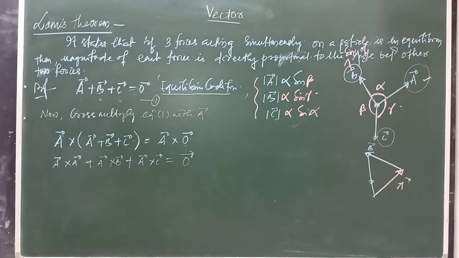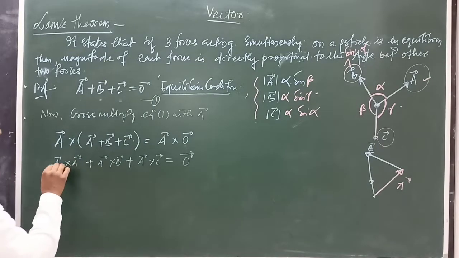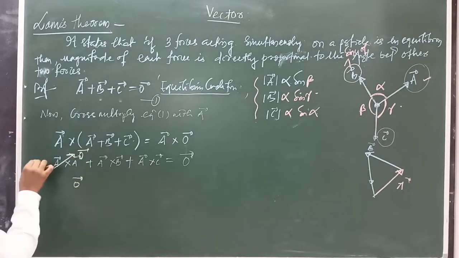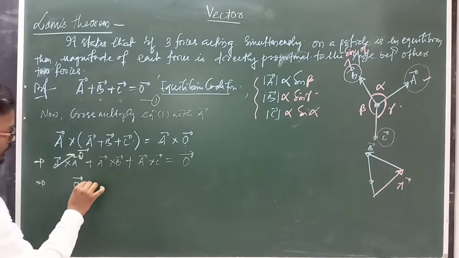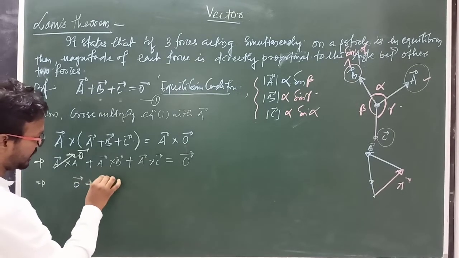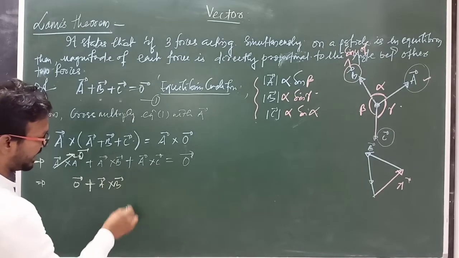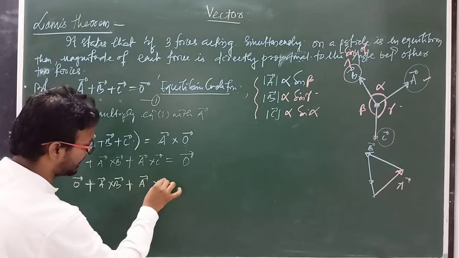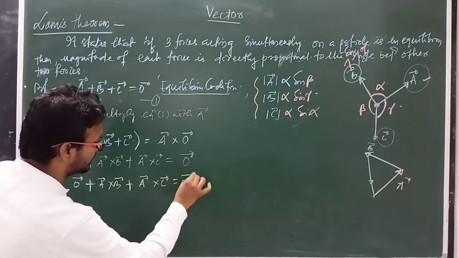And what is the value of A cross A? We already know the value of A cross A is equal to 0 vector, the null vector. So 0 vector plus A cross B vector plus A cross C vector equals 0 vector.